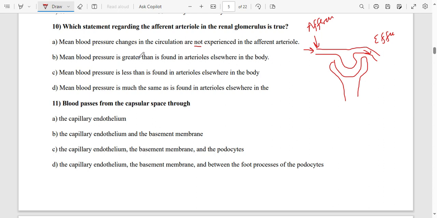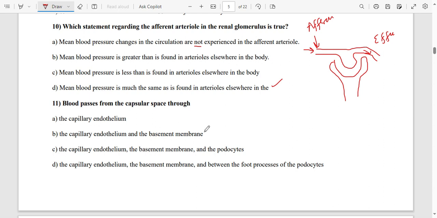Mean blood pressure is greater than is found in the arterioles elsewhere in the body. Now, this statement is necessarily not true because the mean blood pressure is supposed to be the same in all the blood vessels. Mean blood pressure is less than is found in the arterioles elsewhere in the body. That is also not true. Mean blood pressure is much the same as found in the arterioles elsewhere. So this is the correct statement.